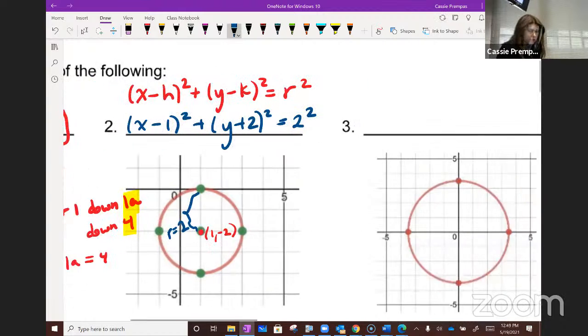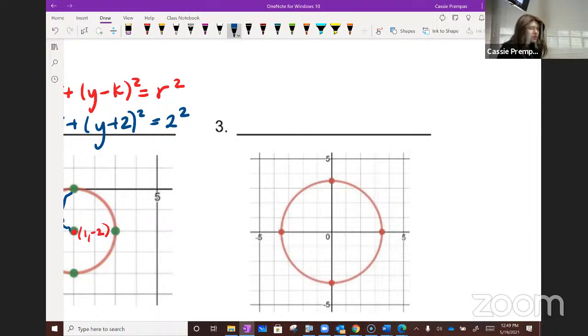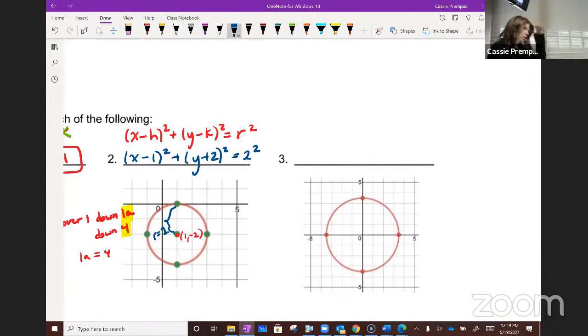Number 3, it is at the halfway mark, but we can still use that equation. Zach, would it be x squared plus y squared? That equals 3.5 squared, which is something. It's 12.25, but I would take that.